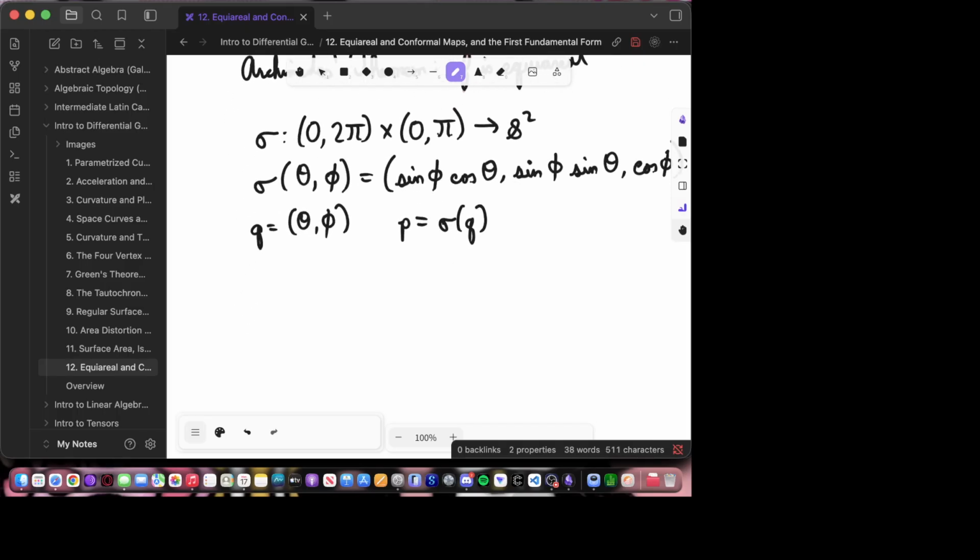What we can do is we can take the partial derivative of sigma with respect to theta, and we get, let's see if I can not mess this up, negative sine phi sine theta, sine phi cosine theta, and then 0.